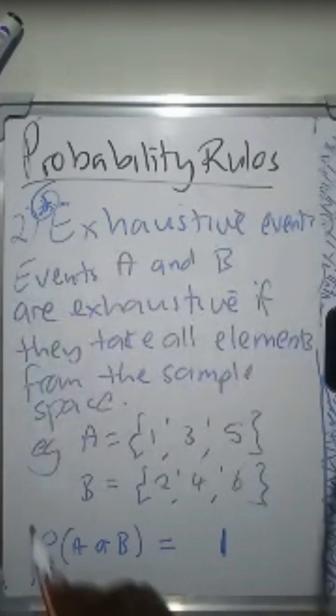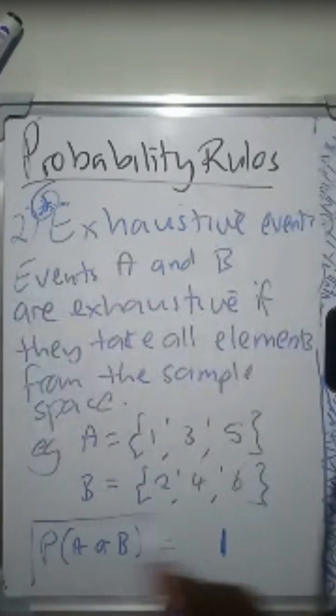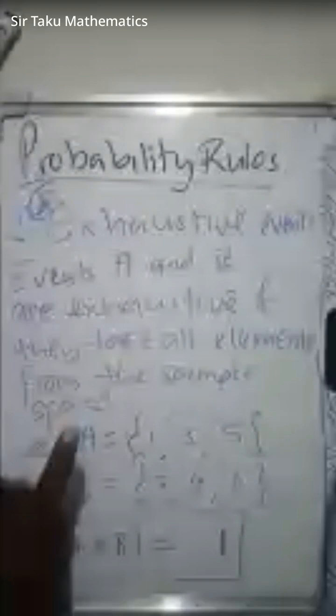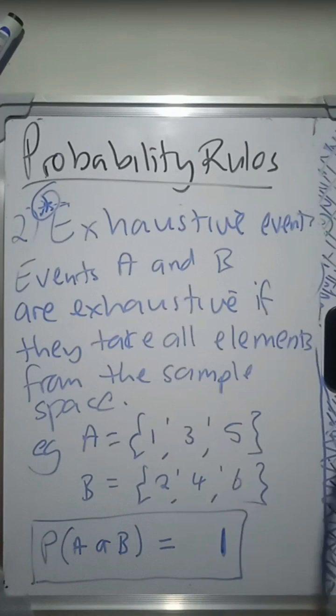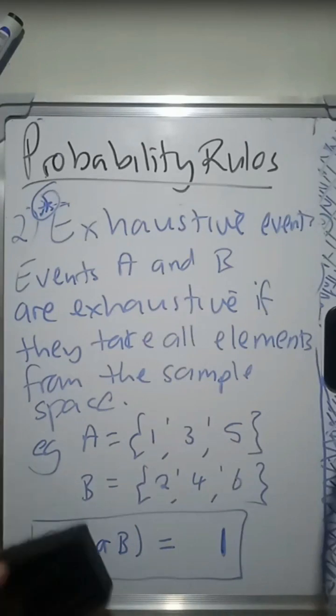This is very, very important. For exhaustive events, if A and B are exhaustive, then probability of A or B is equal to 1. Okay? Then number 3. Allow me to wrap this one.